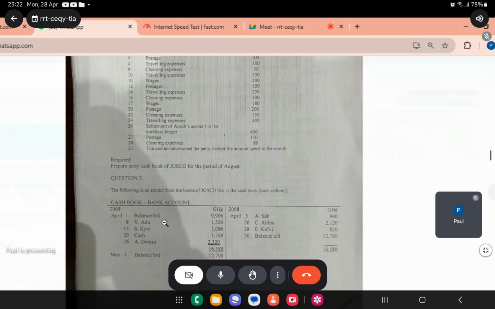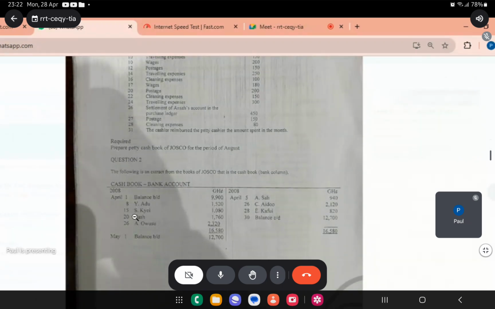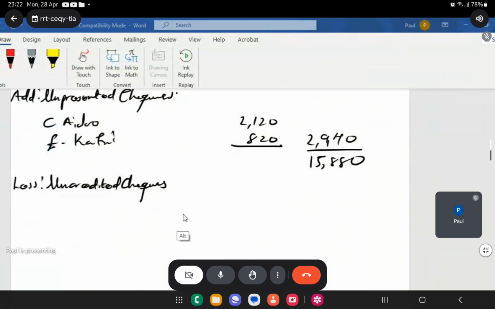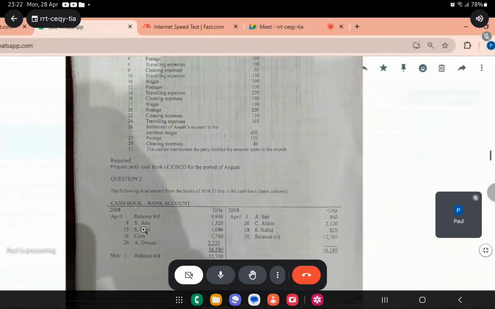So we received checks from Y, ST, and A Owusu, but the bank recorded only that of Y Edu, and that of SG, right? But I'm not seeing A Owusu's amount.